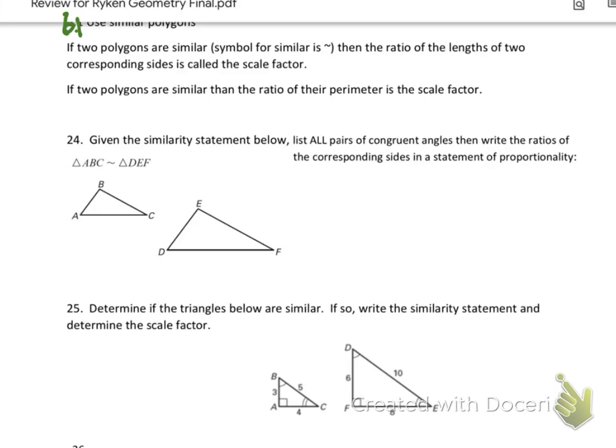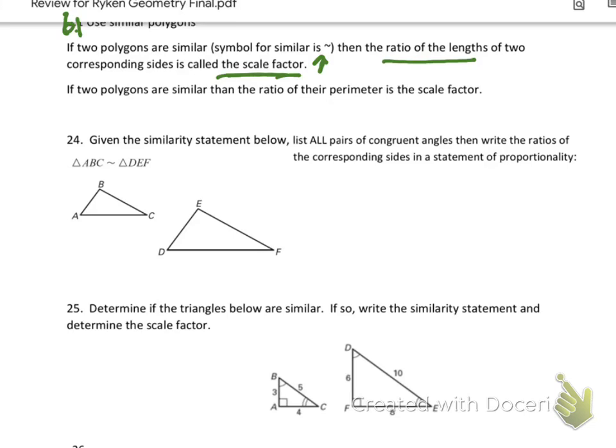If two polygons, so polygon means multi-sided figure, are similar, and the symbol for similar is this little tilde right here, then the ratio of the lengths of two corresponding sides is called the scale factor. Also, the ratio of their two perimeters is also the scale factor.